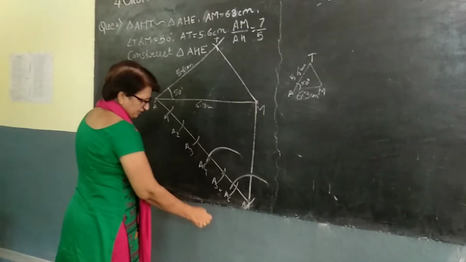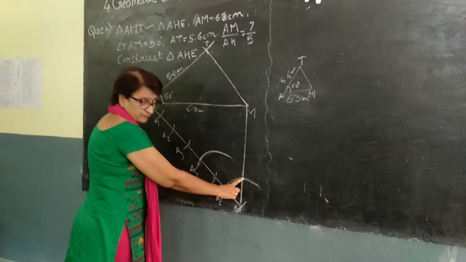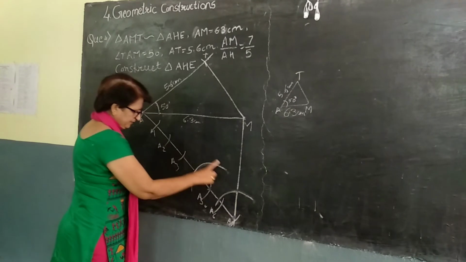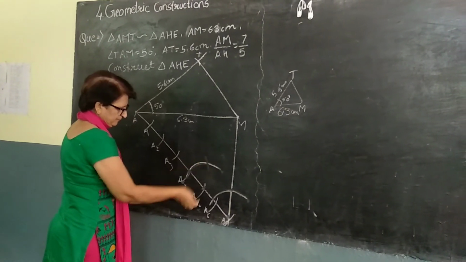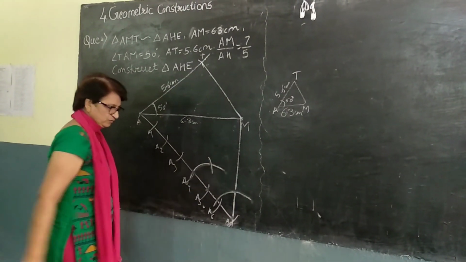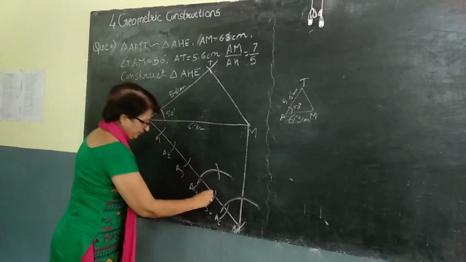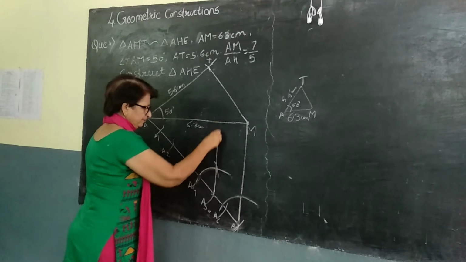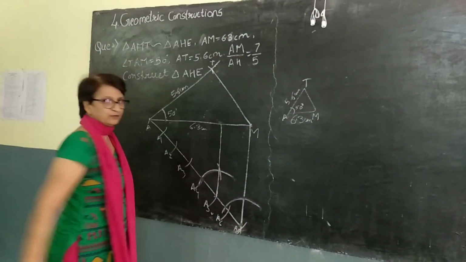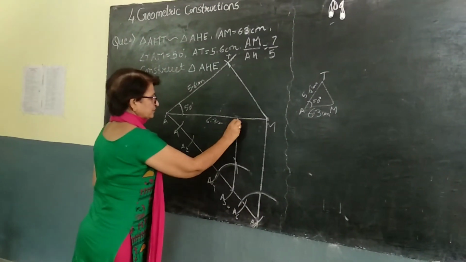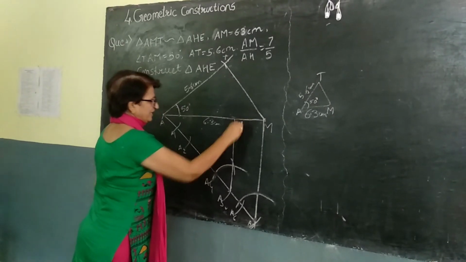Now what we have to take? This much, how much they are cutting both lines. Take this arc, lift it, cut the arc here. Now what I have to do? This A5 and this point I have to join here. It will come like this out here. Okay? So this becomes my M dash point.